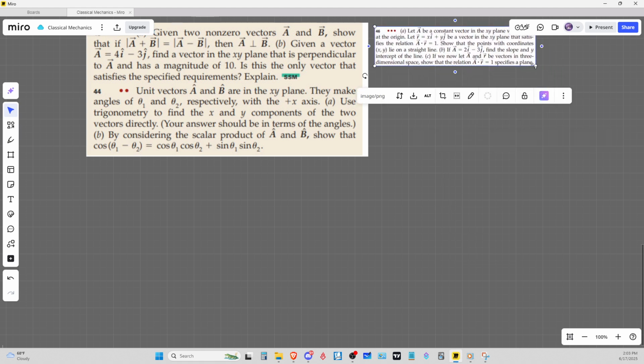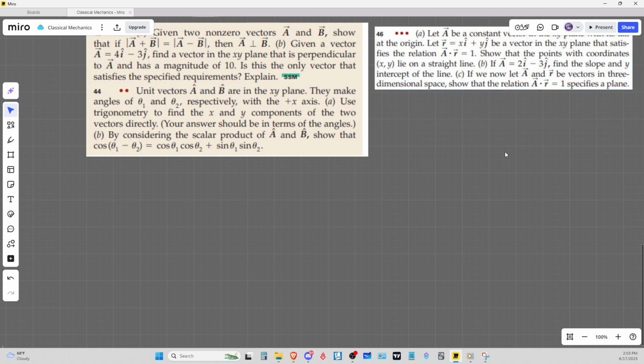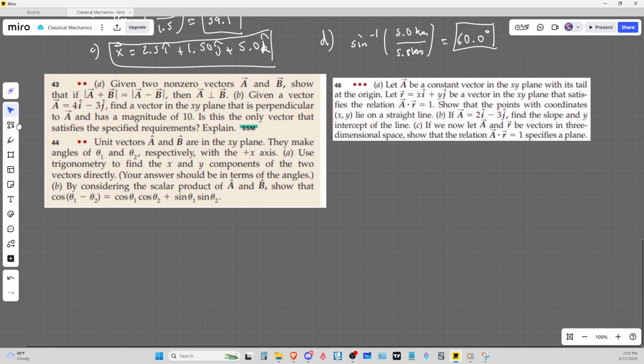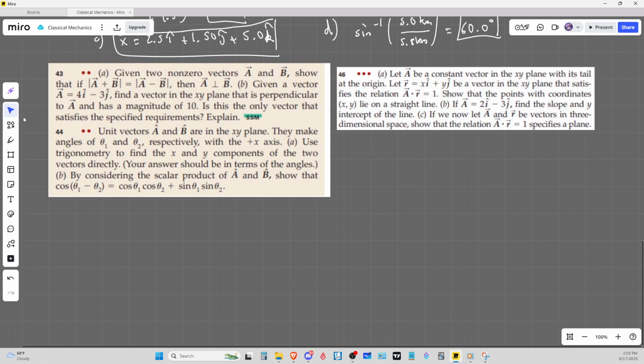This here, expand it. Okay, so we gotta do these 3 problems. The problem I did this morning was 39, but that was a pretty easy one. It's just basically doing the dot product of 2 vectors with different values, so that one was pretty simple to do. Now let's get into doing this.